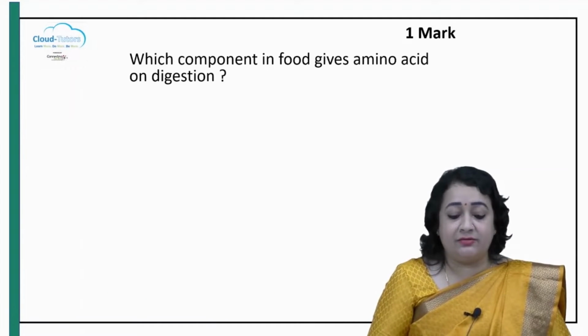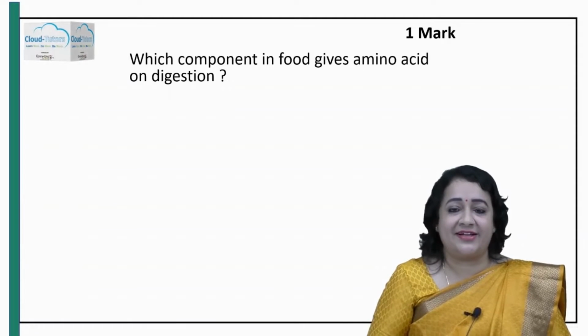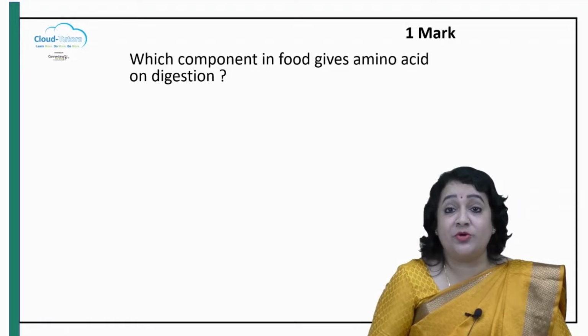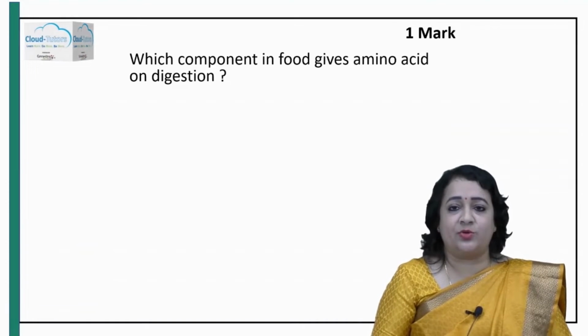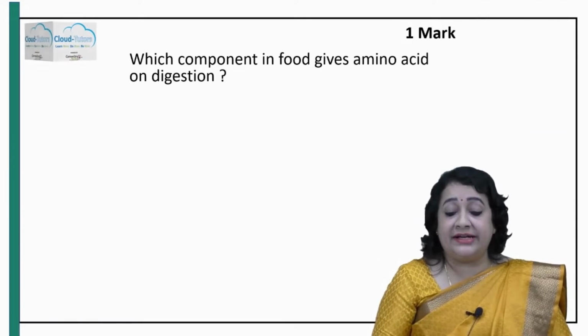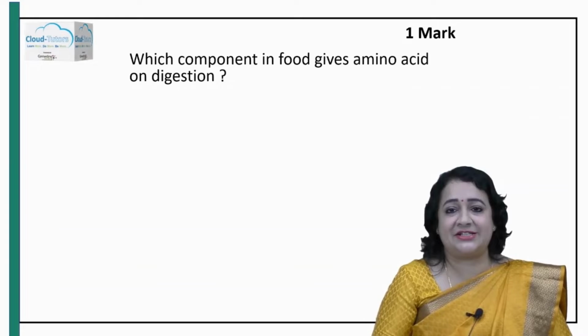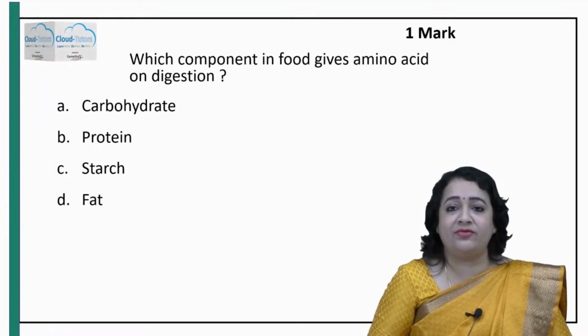Next question, which component in food gives amino acid on digestion? To answer this, you should be knowing what the nutrients are made up of. What is carbohydrate made up of, what is protein made up of. So carbohydrate is made up of glucose.